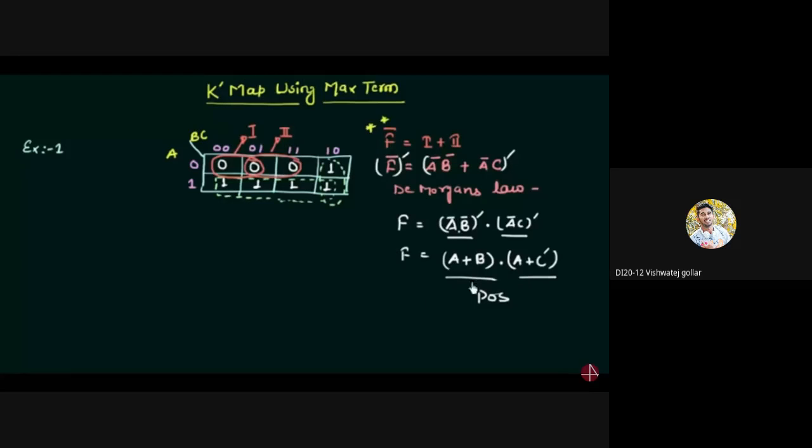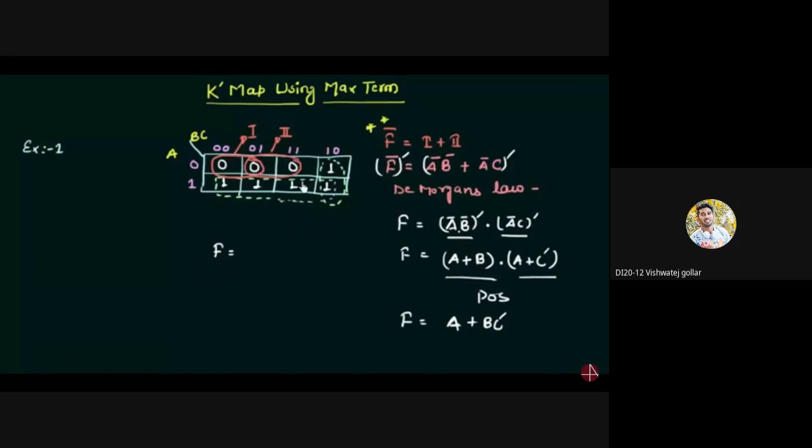Now, if I simplify this by using the Boolean algebra, then you might be knowing what is the distributive law. I'm directly using it, distributive law. So by using the distributive law, it is A or B C complement, and this is something you are going to get when you combine this one. So let's do that. The function f, now I am writing it as f, not as f complement like here, because I am combining the ones.